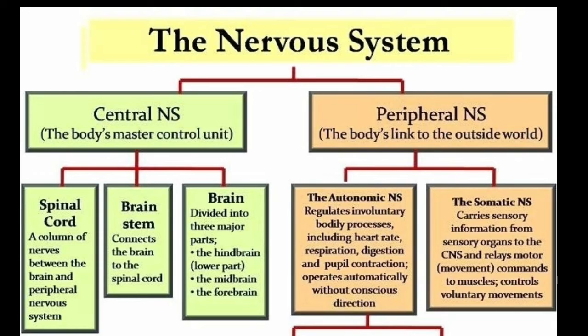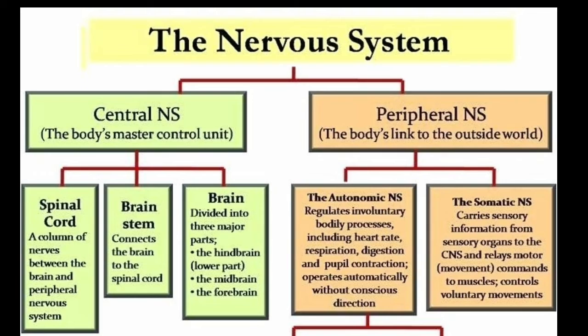And then when the stimulus is understood, to perform a response according to the stimulus, there should be some movement in the body. And this response is done by bodily movements. That is why the neurons that carry the response from the brain to different parts of the body are called motor neurons.